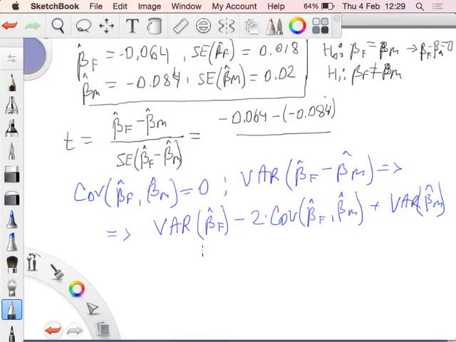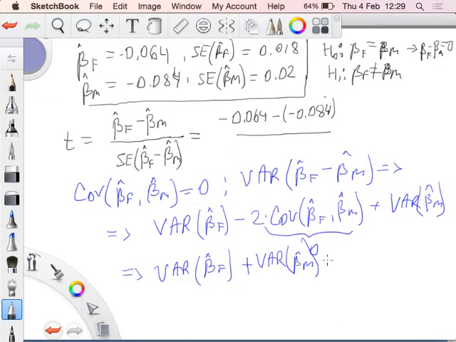Right. Because this is 0, we will then have the variance of beta F hat plus the variance of beta M hat. If you use these standard errors, the square of the standard error is the variance, yeah? The square of the standard deviation is a variance, yeah? Standard error is actually an estimate for the standard deviation.